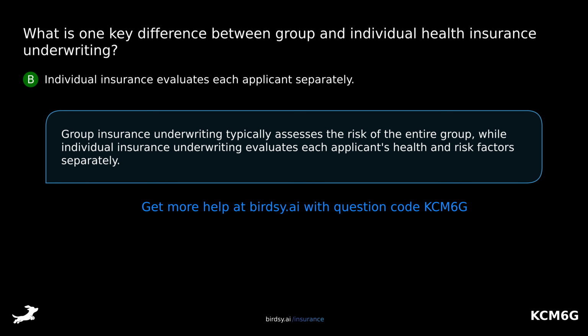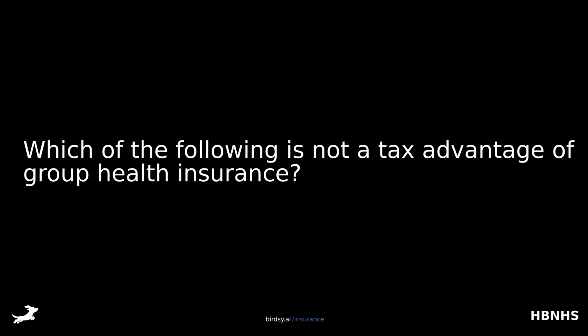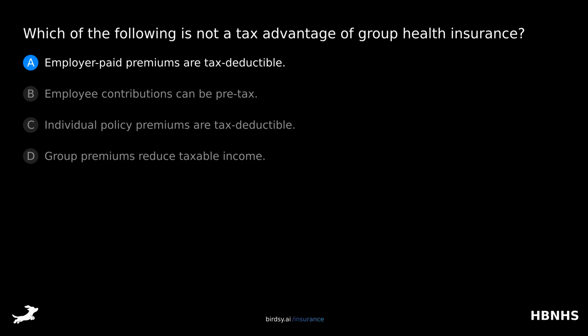risk factors separately. Which of the following is not a tax advantage of group health insurance? Is it A, employer-paid premiums are tax deductible? B, employee contributions can be pre-tax? C, individual policy premiums are tax deductible? Or D, group premiums reduce taxable income?